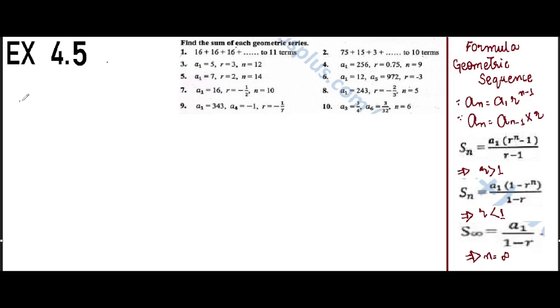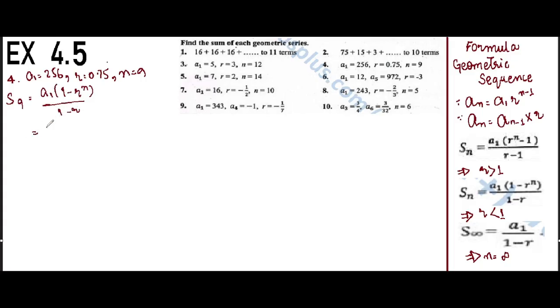Now is the turn of question number 4, which is a1 equals 256, r equals 0.75, and n equals 9. r is less than 1, so we are going to use this formula. S9 equals a1 into 1 minus r raised to the power n whole divided by 1 minus r.